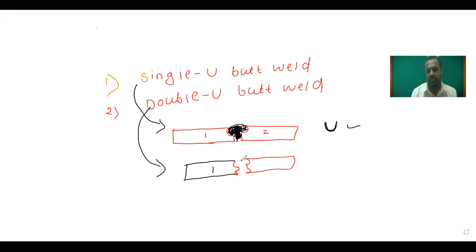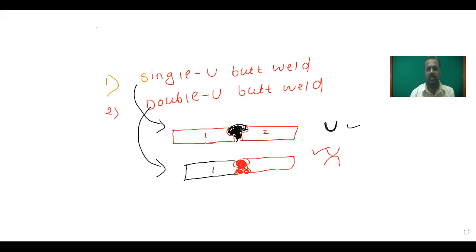And here we have to make the welding. Now it is looking like a double U, like this. So this is the symbol for the double U butt weld. Now the welding symbols are completed.